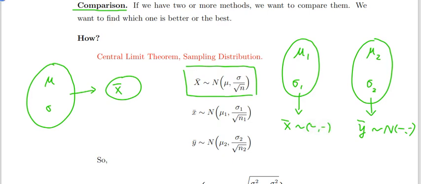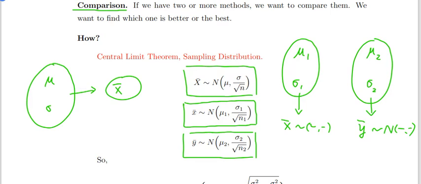More specifically, x bar follows a normal with mean mu1 and standard deviation sigma 1 over square root of n1, and y bar follows similarly. Both x bar and y bar follow normal.